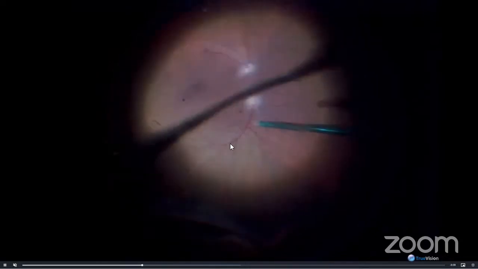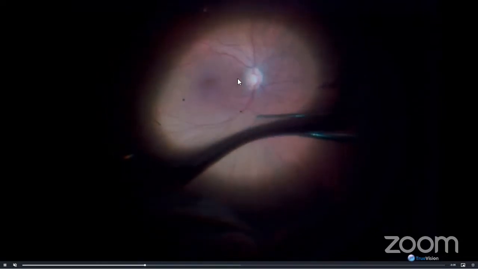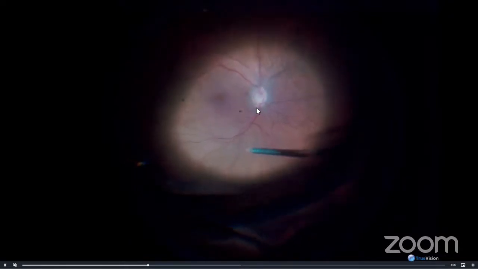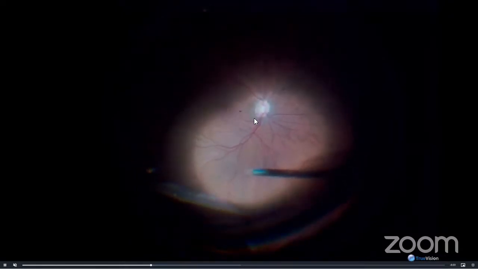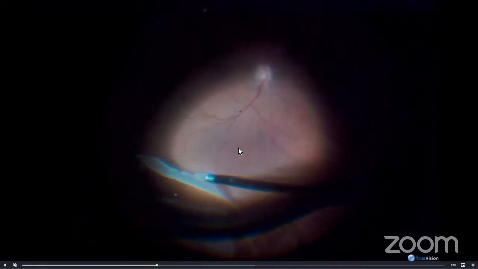The surgeon is now trying to inject air after completing the PPV, doing a fluid-air exchange, and you can see that he's trying to dry along the edges, along the margin of the giant retinal tear.